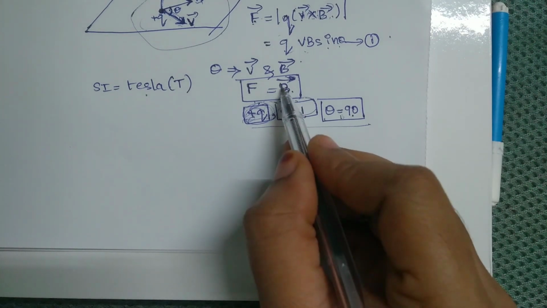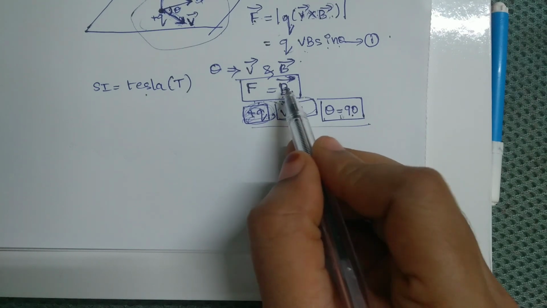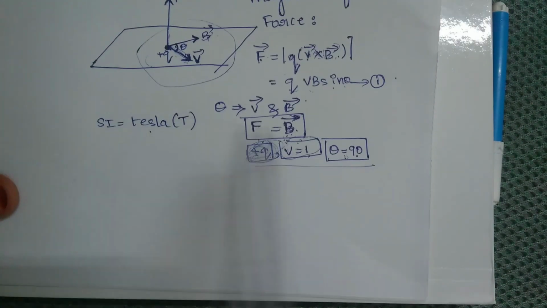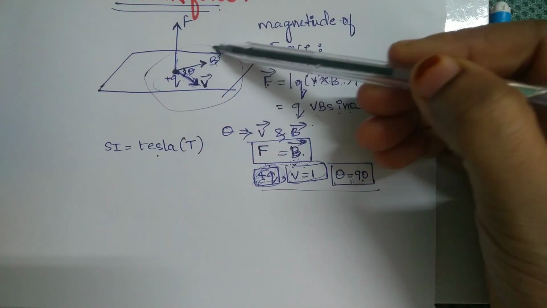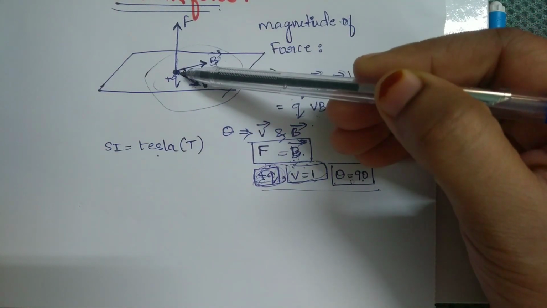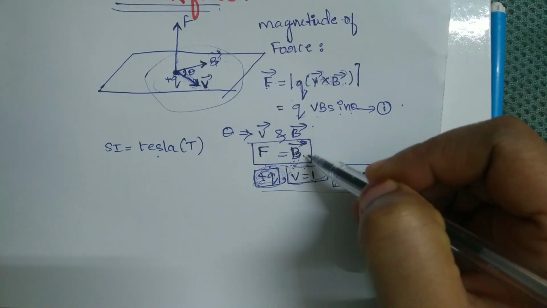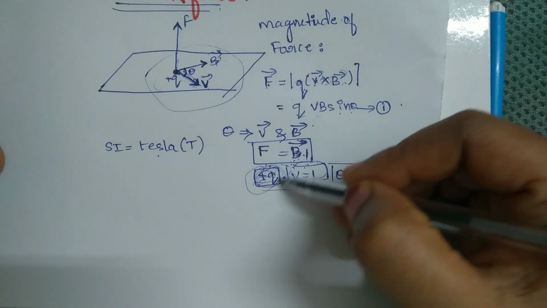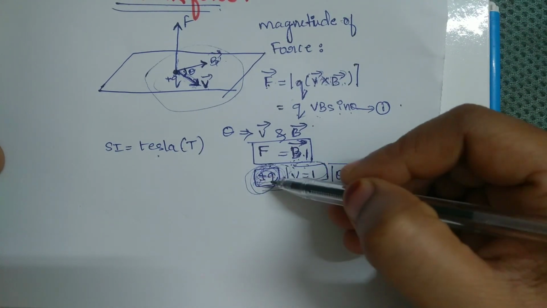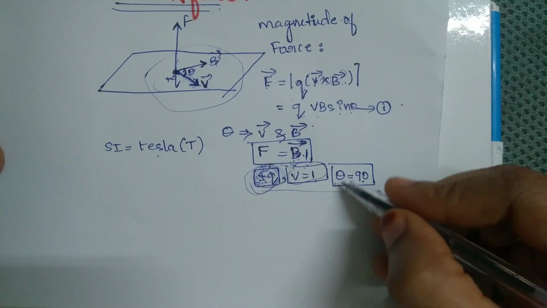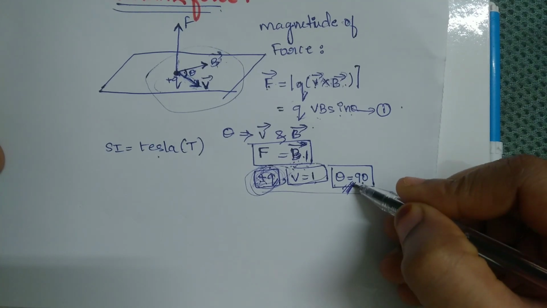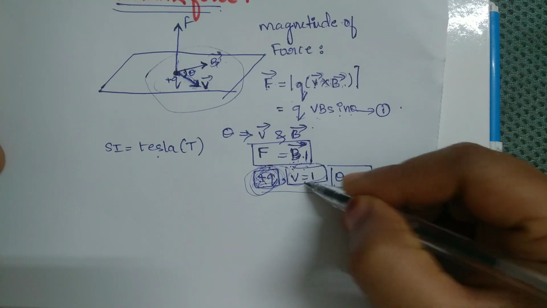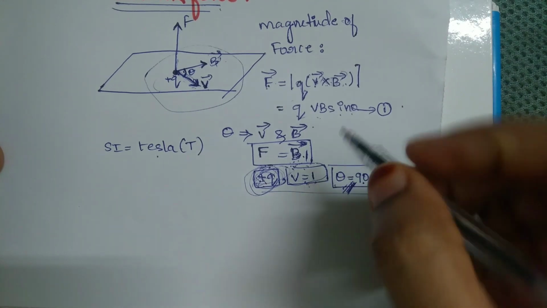So in order to define Tesla, see, how will you define the magnetic field at a point? The magnetic field at a point is 1 Tesla when a unit positive charge of 1 coulomb, moving at right angle to the magnetic field with the velocity of 1 meter per second, experiences a force of 1 Newton.